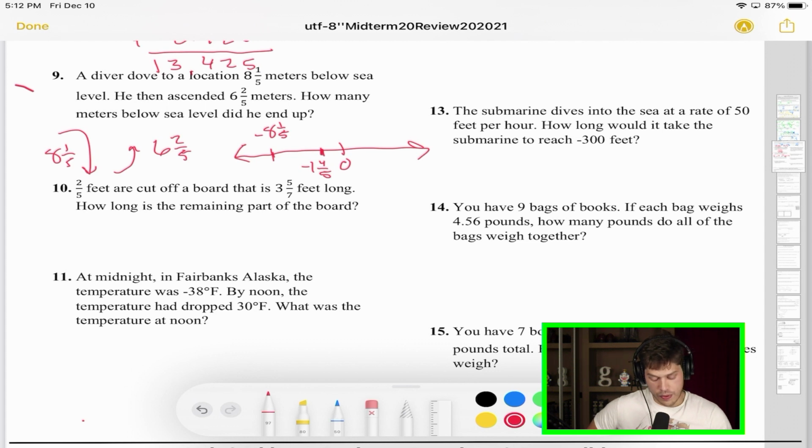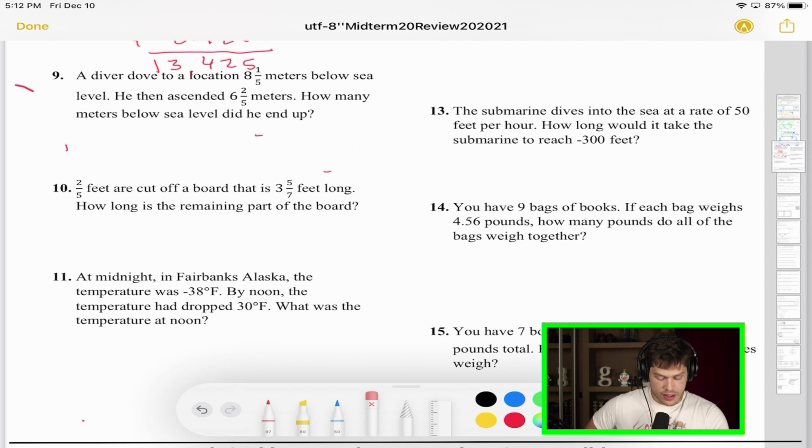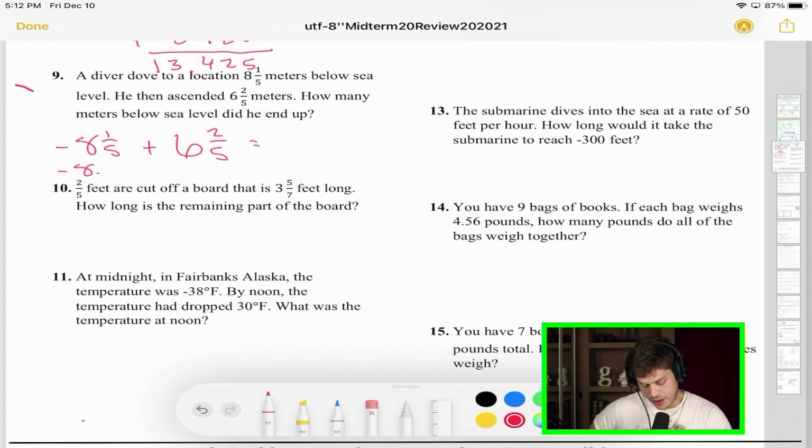What was my operation for this problem? My operation is, again, we have -8 1/5 plus 6 2/5. If we wanted it as a decimal, this is -8.2 plus 6.4.